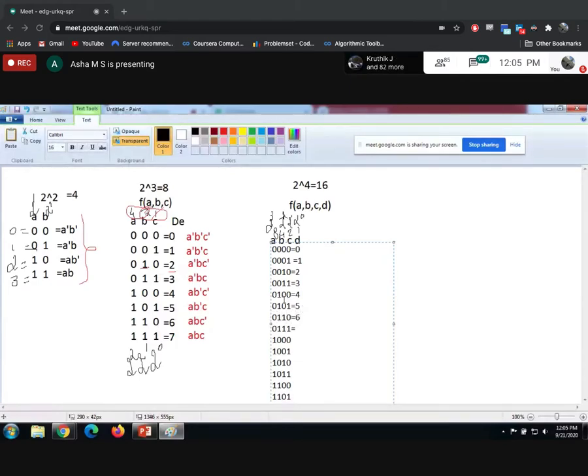This is 6. This is 7. This is equivalent to decimal 8. This is equivalent to decimal 9. This is equivalent to decimal 10. This is equivalent to 11. This is equivalent to 12.